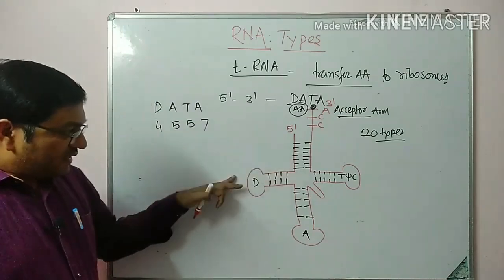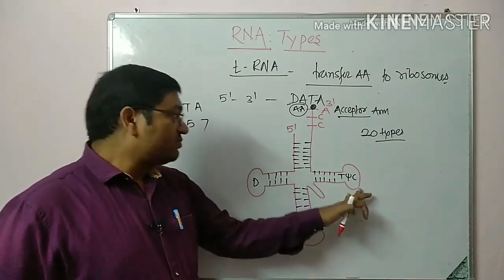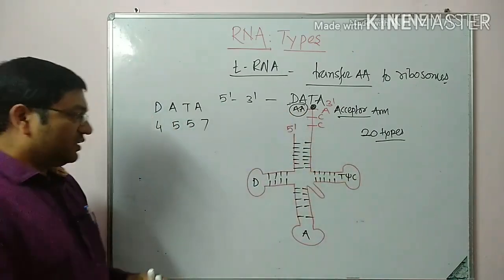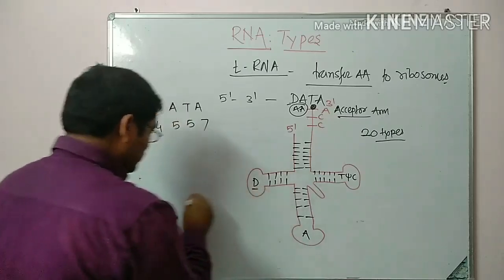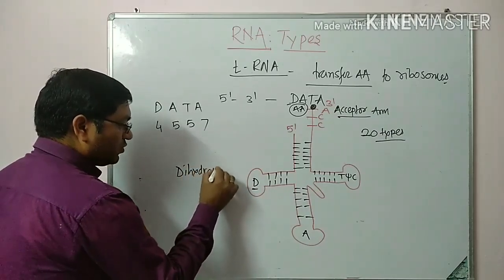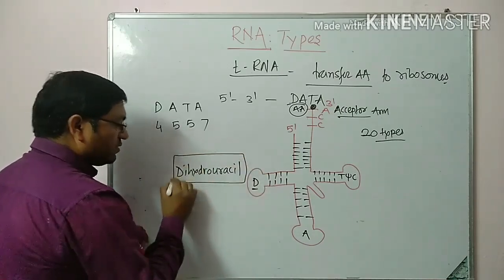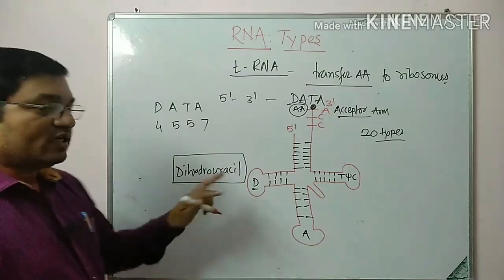Five prime end, D arm, anticodon loop, T psi C arm, and acceptor arm. This D is because of dihydrouracil, which is an unusual base present in the tRNA.